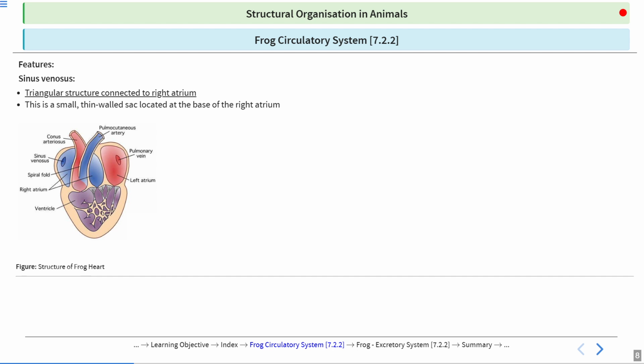Now, from the posterior region, this is the front region you are seeing in the heart, the inferior vena cava and superior vena cava come together, join at this region and open into the right atrium through a triangular opening called the sinus venosus. Sinus venosus is a small thin-walled sac located at the base of the atrium.